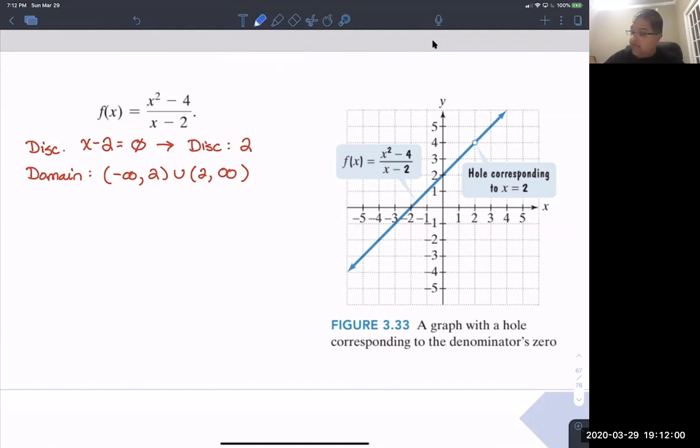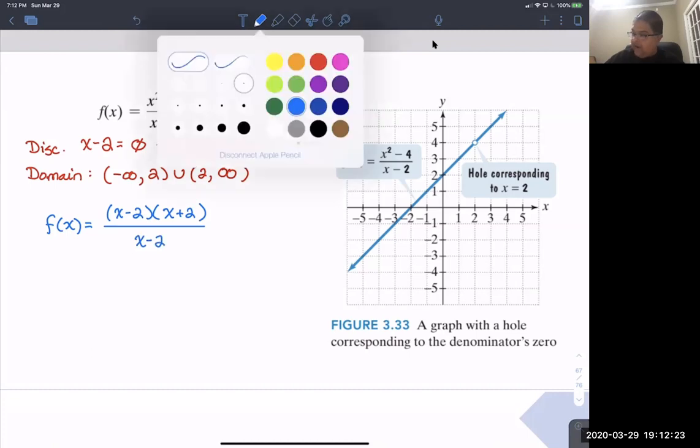All right, now remember, x squared minus 4 is an example of a difference of squares. So the way we factor it is x minus 2 times x plus 2. And in the denominator, we still have just x minus 2.